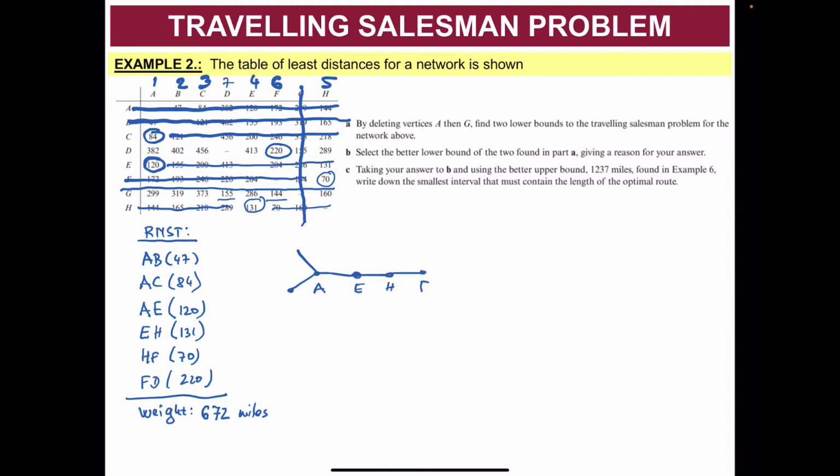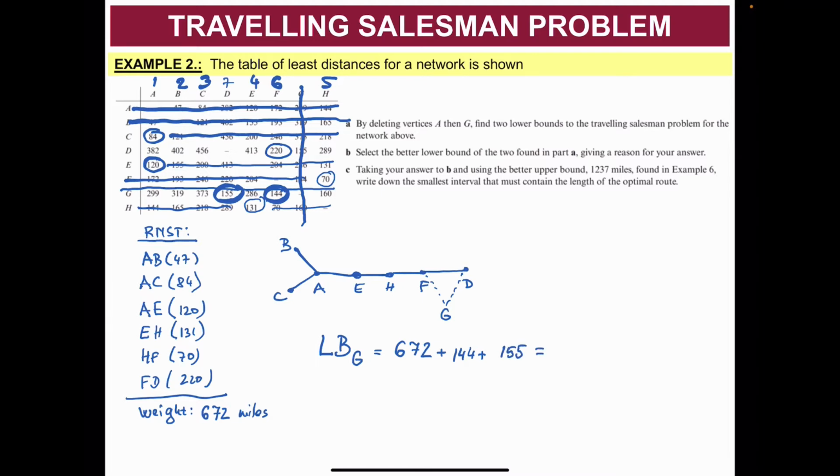This is H, this is F, and this is B or C. So the lower bound, if I deleted the G vertex, would be 672 plus, and now I need to reconnect the G. The smallest ones are where G goes with F and G goes with D. So like this would be the G. So 144 plus 155.